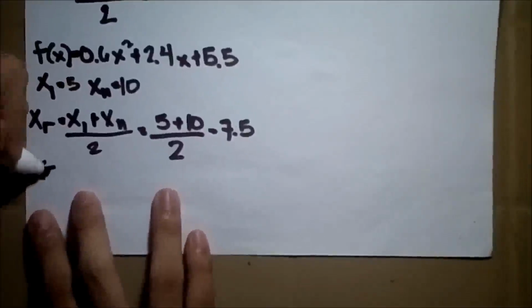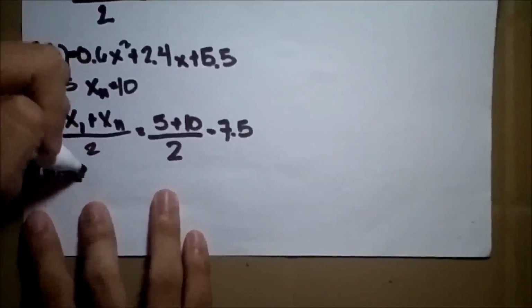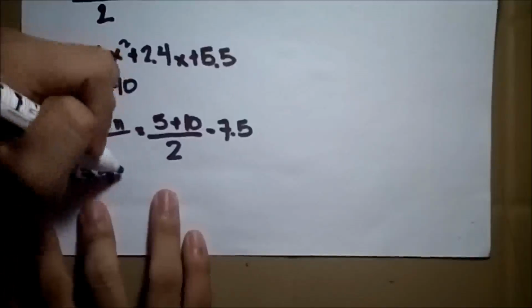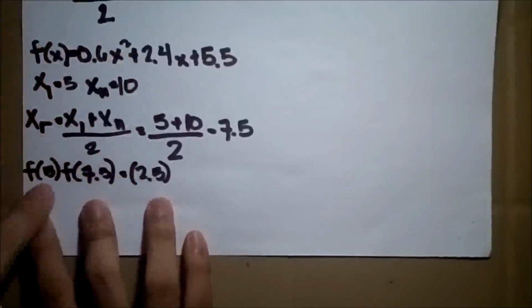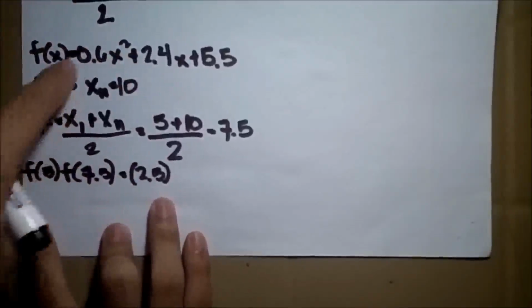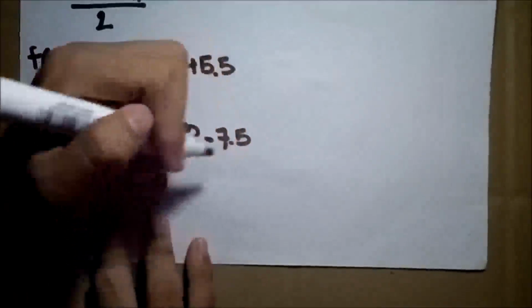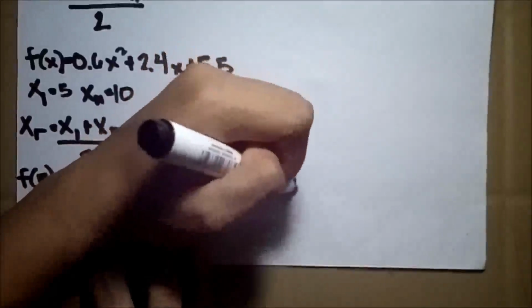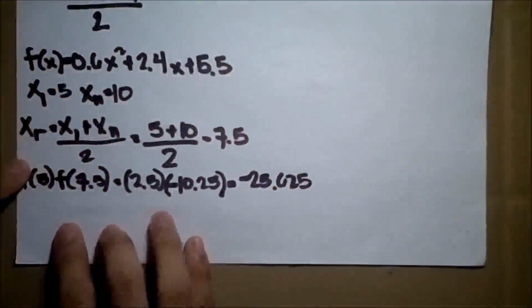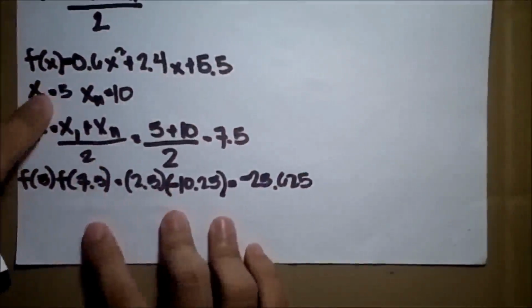So we must multiply the function of 5 times the function of 7.5. In finding the function, we just substitute the number into the equation to get the function of 5 and the function of 7.5. The answer will be negative 25.625, which means that the real root is in that interval.